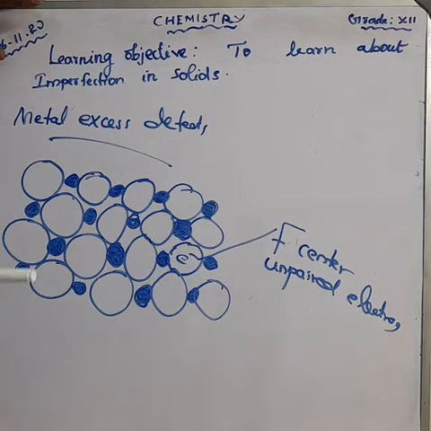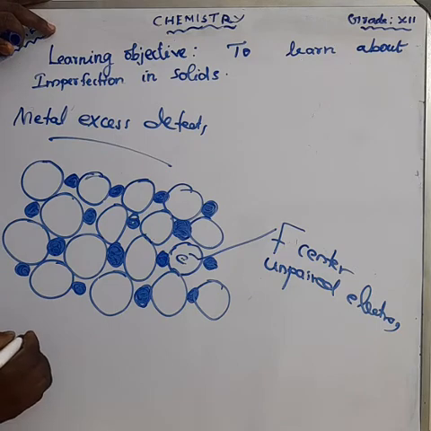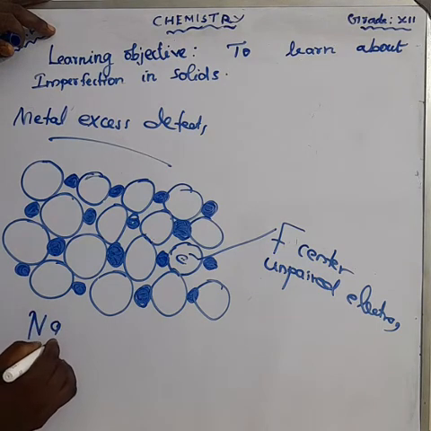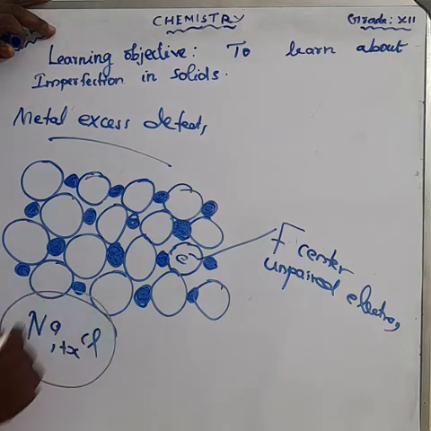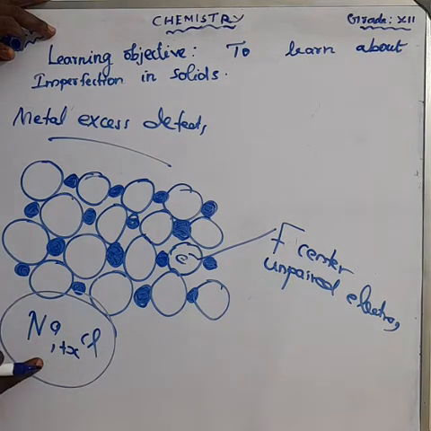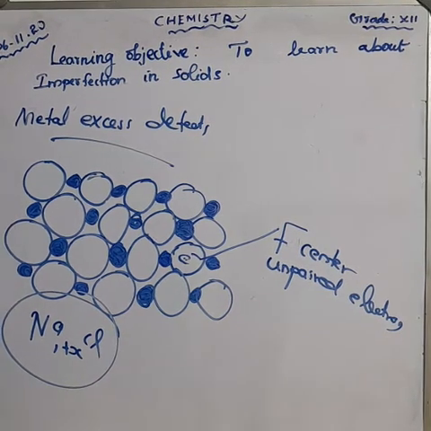Sodium chloride containing excess Na plus ions can be written as Na1+x Cl.